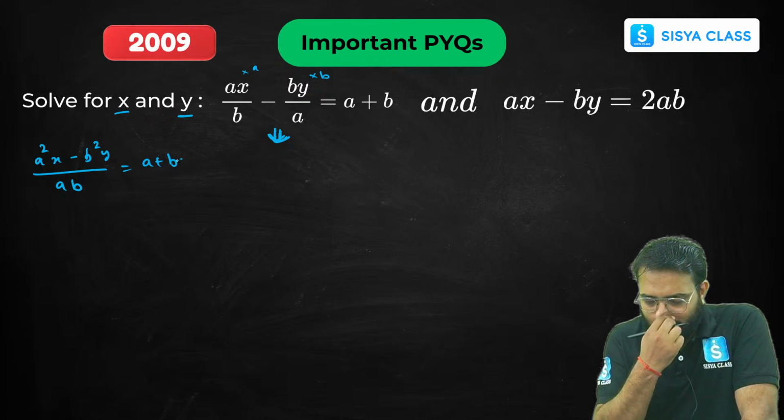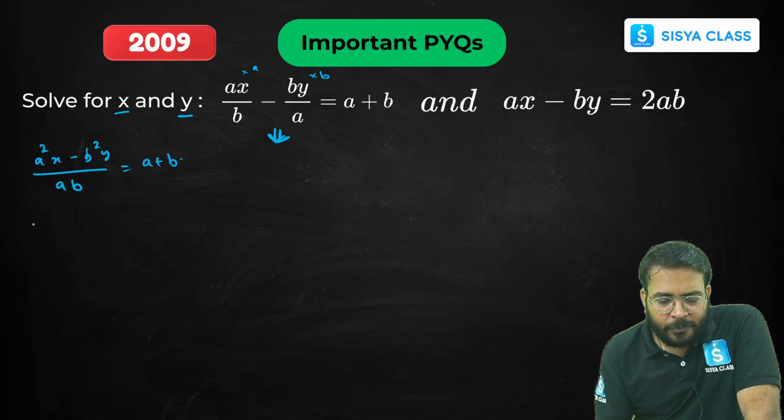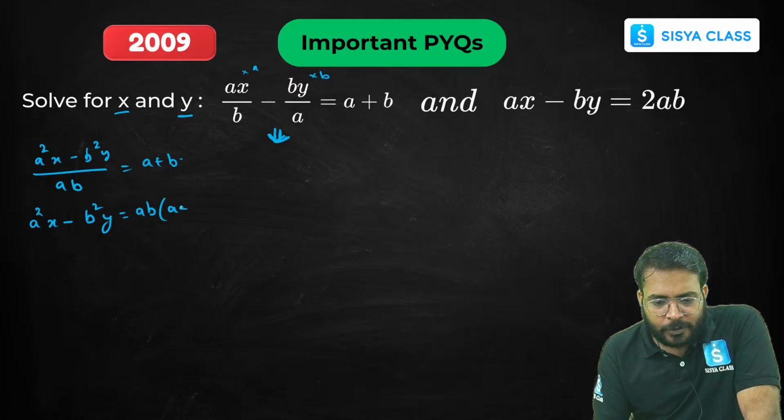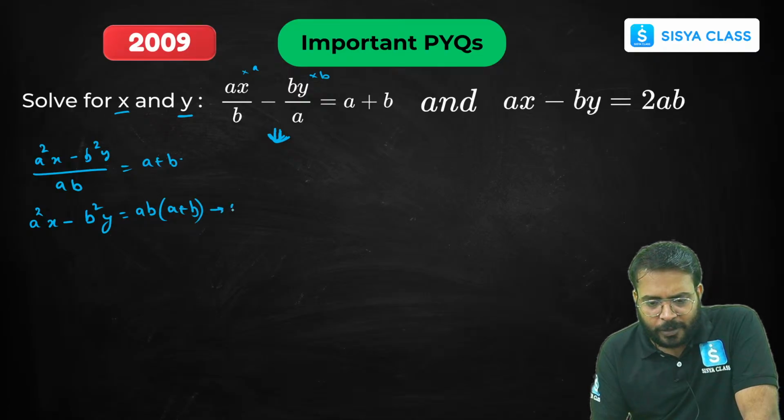Got it? Now if I simplify this, I am going to get a square x minus b square y is equal to ab into a plus b. This is my first equation.